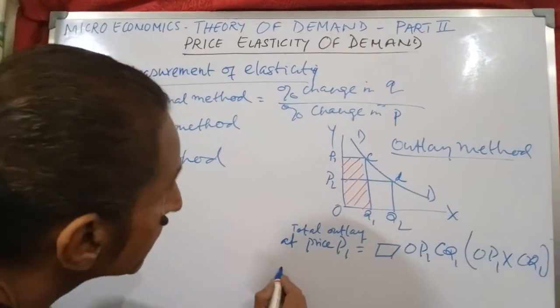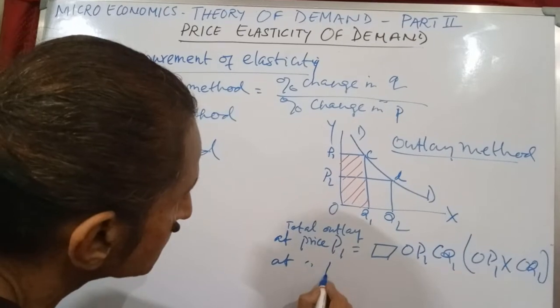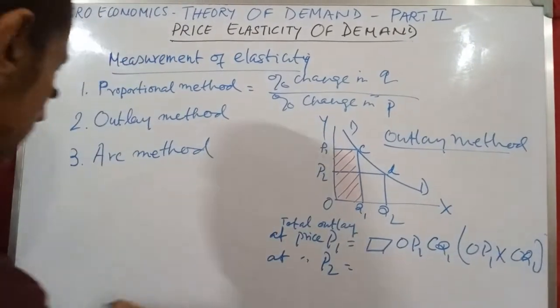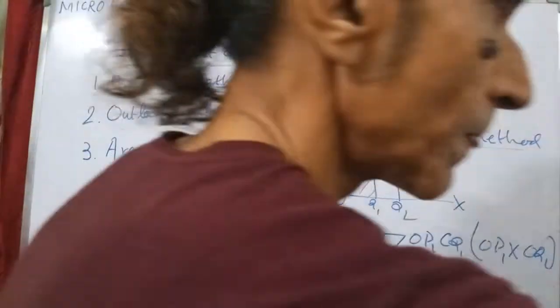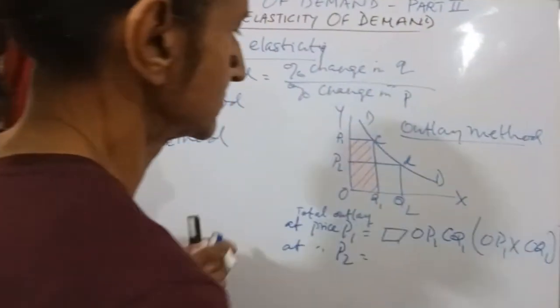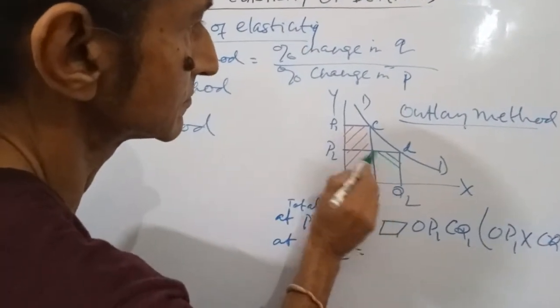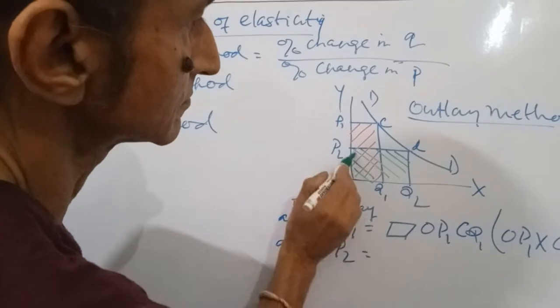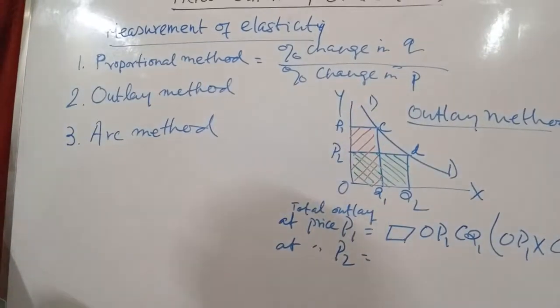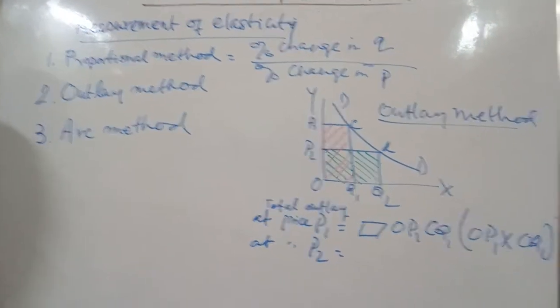And total outlay at price P2 equals this area. This is the total outlay at price P2.